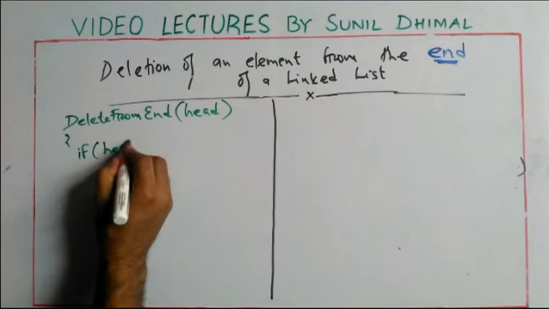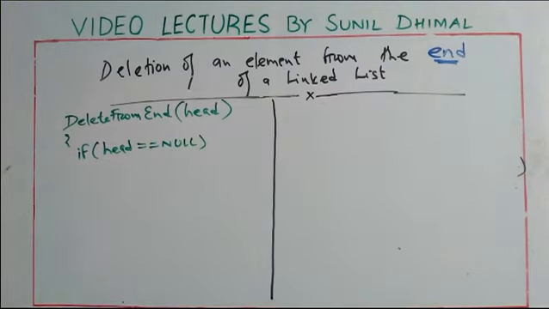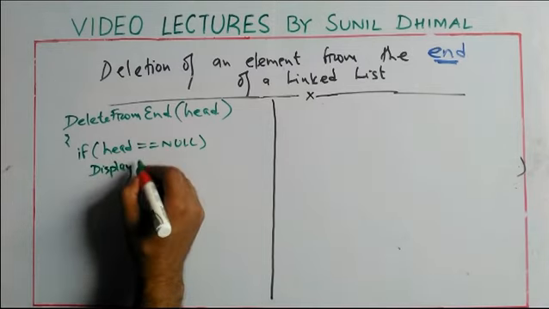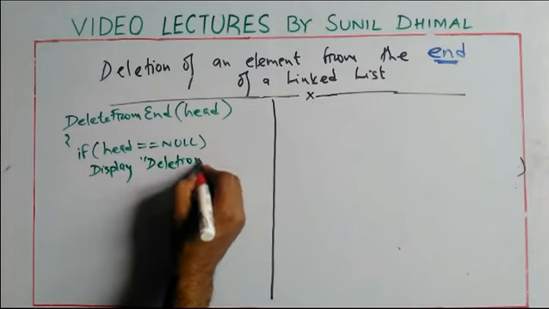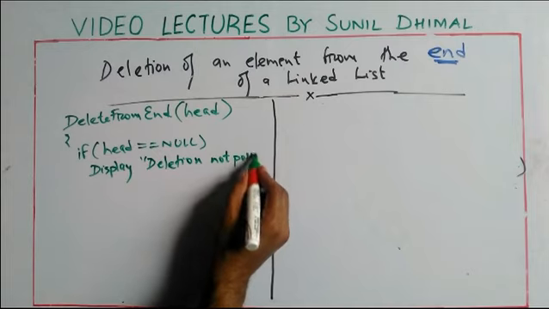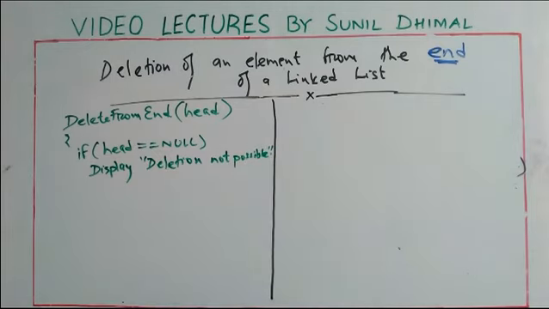So if head is equal to null, it means the list is empty. So I'll display deletion not possible, because if the list is empty, deletion is not possible, right? You can't delete anything if there's nothing, right? So deletion not possible. Else deletion is obviously possible.